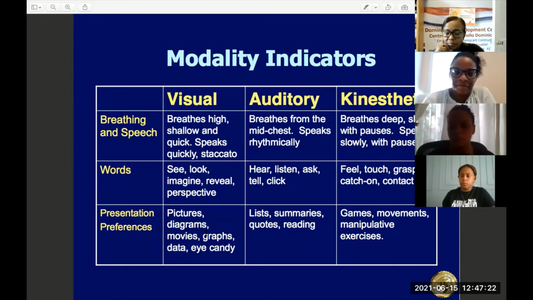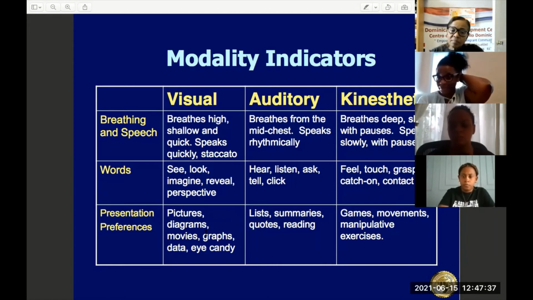And if they're auditory learners, it's like creating lists, summaries, short quotes, give them things to read. And if they're kinesthetic, you want to have games and be able to do things to have them move around. Some of the best professors, teachers and presenters do all three to engage all types of learners.